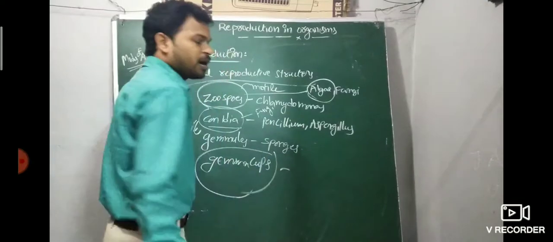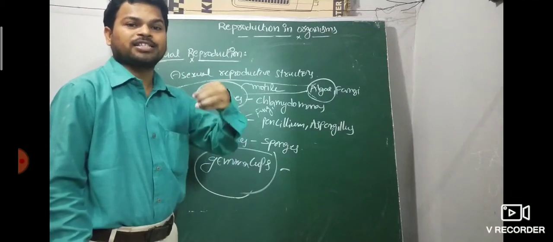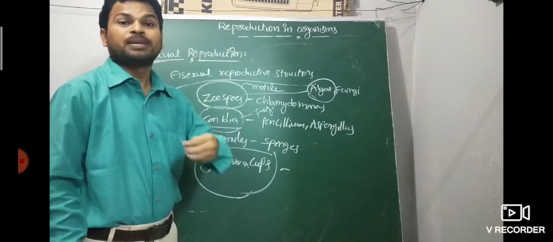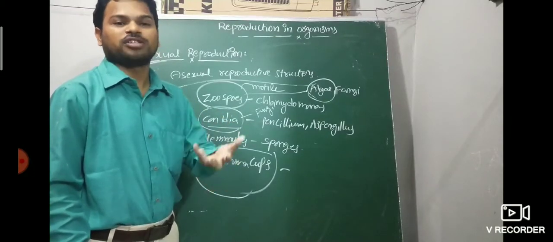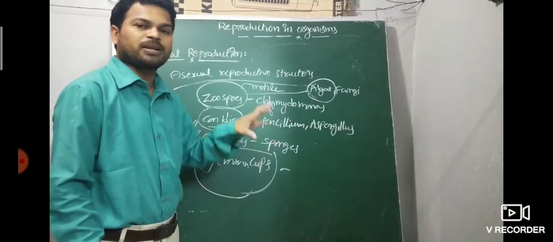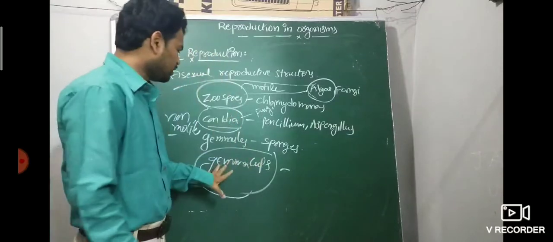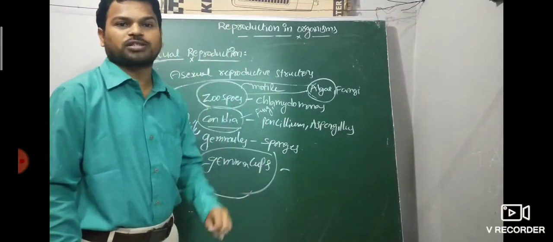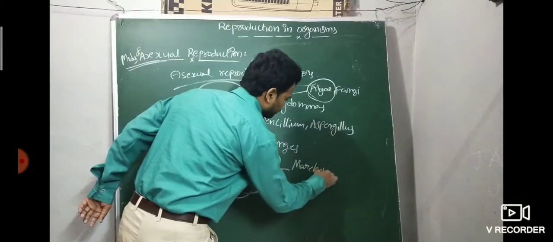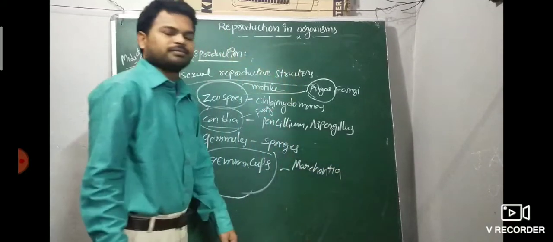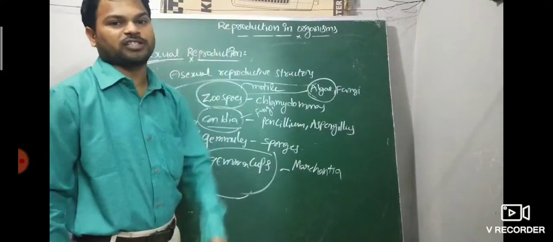Gemma cups are multicellular asexual buds present in the thallus-like structure of liverworts. Gemma cups are present in liverworts, for example Marchantia, which belongs to bryophytes.